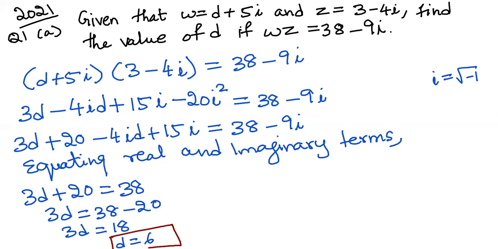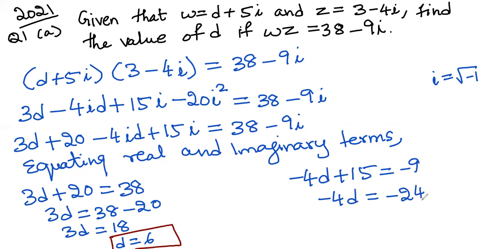We should be getting the same answer when we equate the imaginary as well. I will do it over here. Minus 4d plus 15 equal to negative 9. So minus 4d equal to negative 24, or d is equal to 6. So the solution is correct.